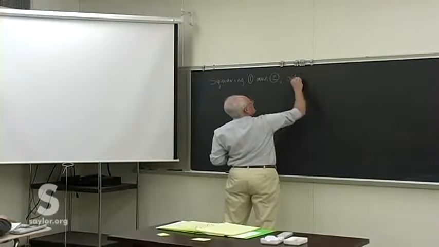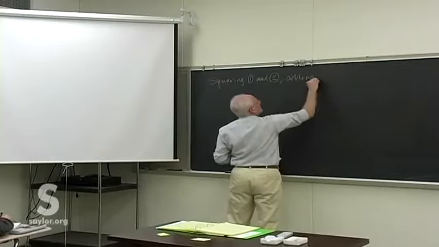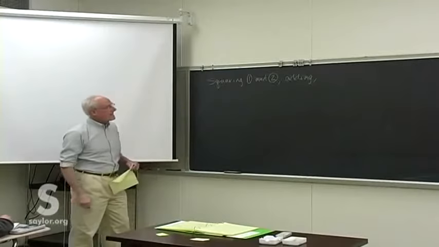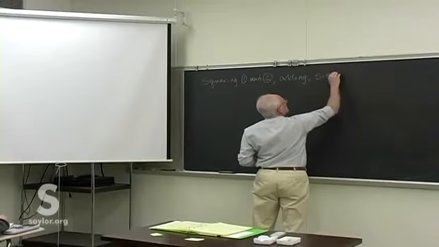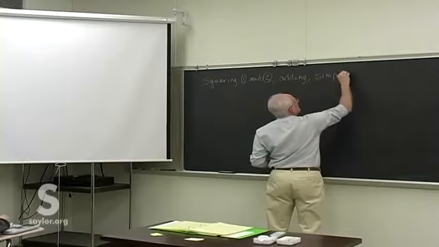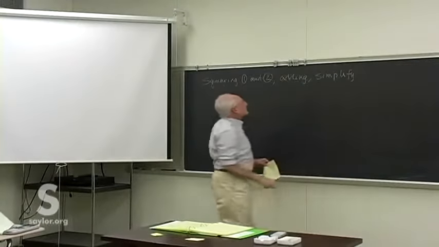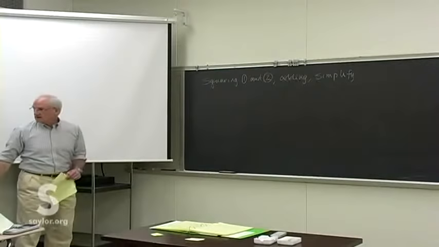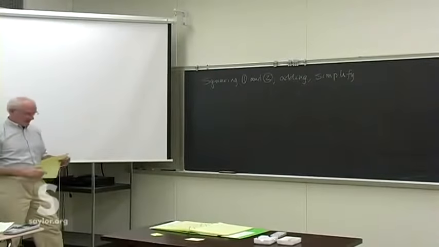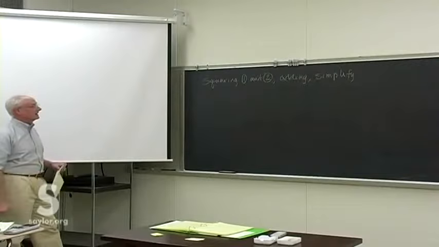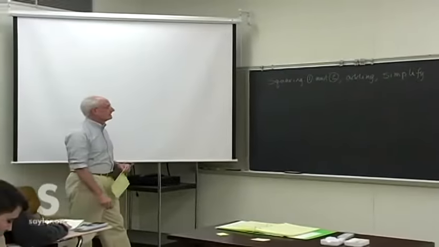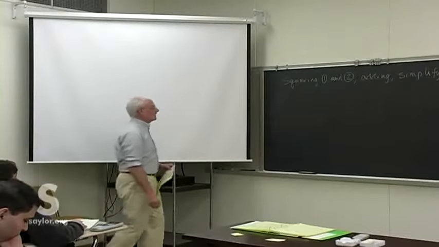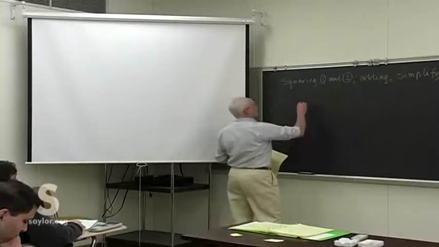So square 1 and 2, add them, and then simplify. And you can imagine that those simple words are about 45 minutes of algebraic calculating and the like. But the result, what we end up with is known throughout the world to anybody who's ever taken this class.